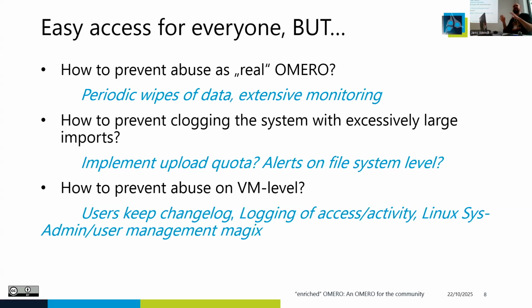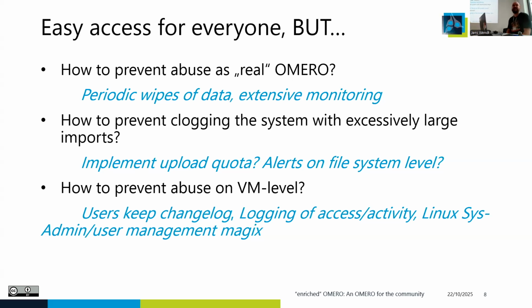And I'm only doing this somehow. This is having ideas and trying to envision it. The skeleton's there, but I'm still trying to figure out how to actually implement this in a good way. So implement maybe upload quotas or alerts on a file system level. And the last point might be the most security relevant: how to prevent abuse on a virtual machine level.